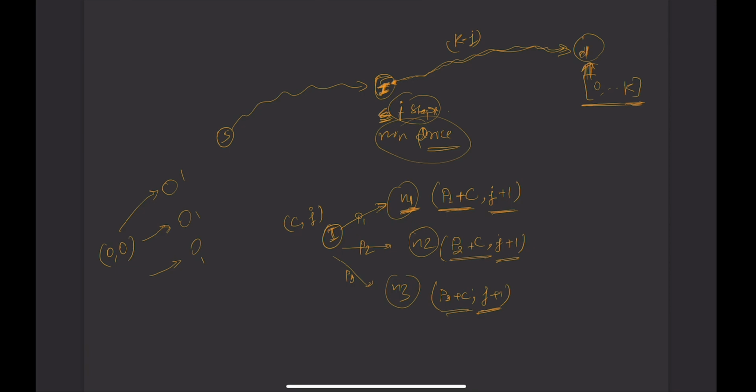So from the source, it will update D1, let's say prices P1, P2, P3. So the cost will be P1 and the jump is also 0. That means in 0 stoppage, the minimum cost to reach this node is P2. In 0 stoppage, the minimum cost to reach it here is 3.